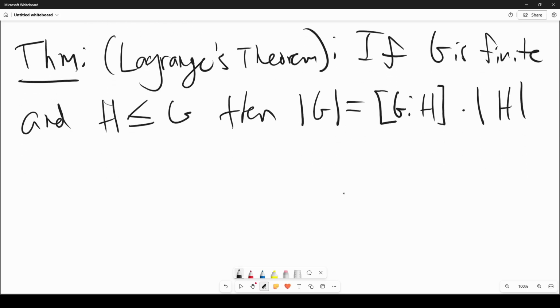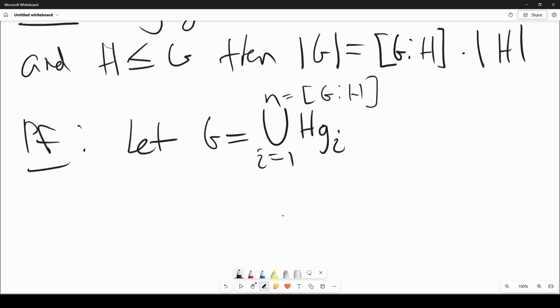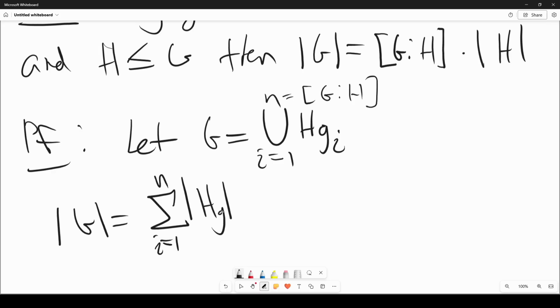Okay, let's prove this. It's going to be very quick. Let G be a union of these Hg_i for i equals 1 to n. In particular, this n is the index of H in G because there are n different cosets. Since they're all distinct, the order of G is the sum from i equals 1 to n of the order of Hg_i.